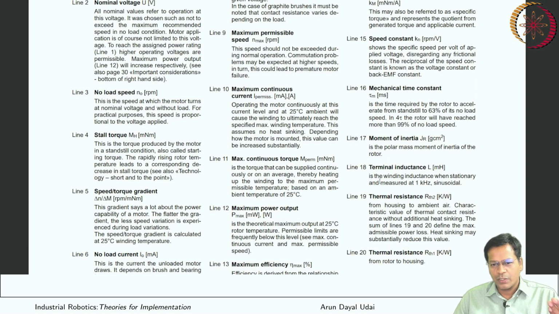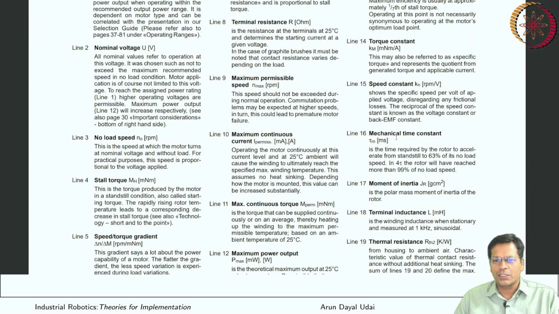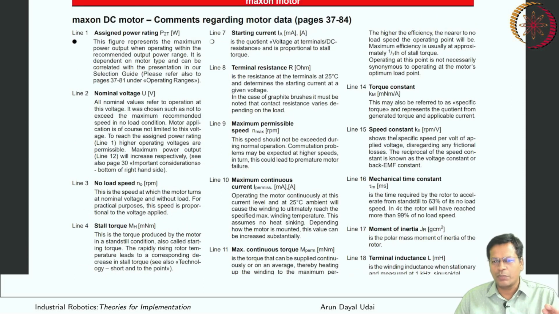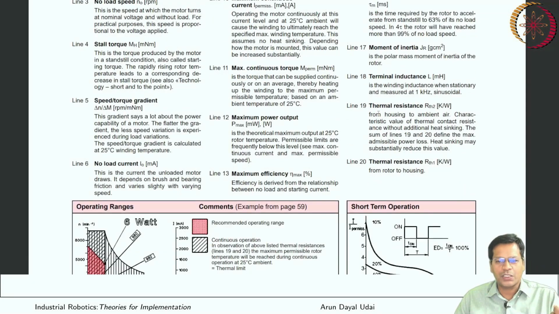Terminal inductance will be useful. Right, we'll talk about this. Motor inertia, that is the armature inertia, that also is a mechanical value which will be very useful. Torque constant, this is your Km, that is the motor constant you just derived. Okay, so these are some of the parameters which are there.